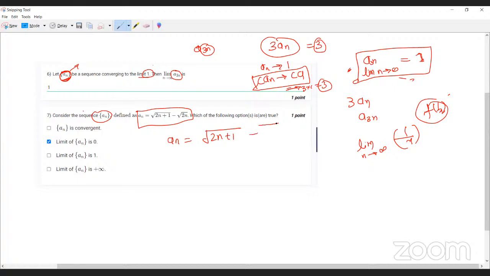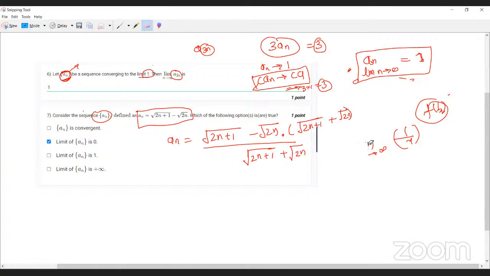Write it as the expression over 1. This is rationalization. I can multiply numerator and denominator by the same thing: the square root of 2n plus 1 plus the square root of 2n.